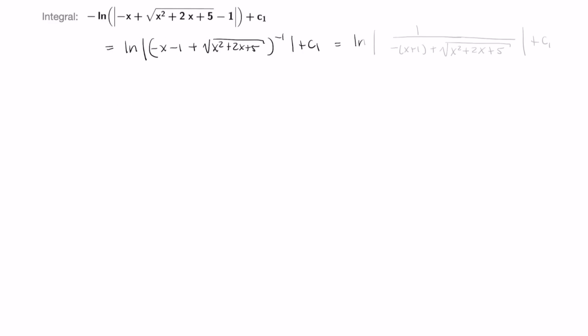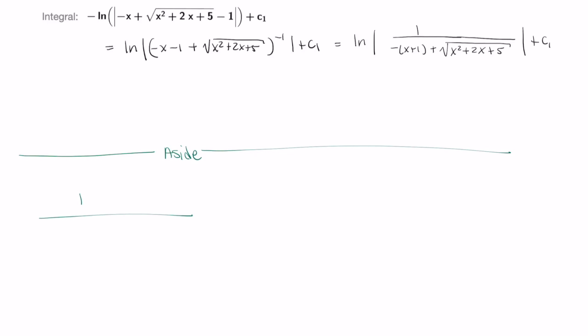Rewriting further, I get, and as you can see from this step to this step, all that happened is I rewrote this negative exponent by moving it to the denominator of a fraction. So now this may as well be to the 1 power. And I also factored out a negative 1 that these have in common. Now, I'm going to do this as an aside. That is 1 over negative x plus 1 plus the root of x squared plus 2x plus 5.